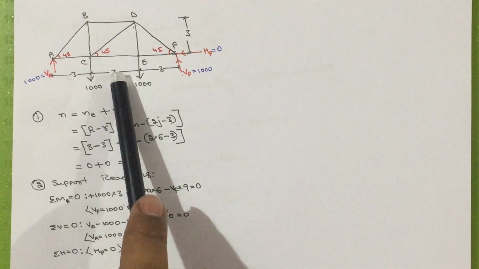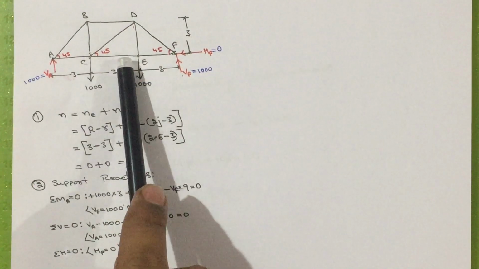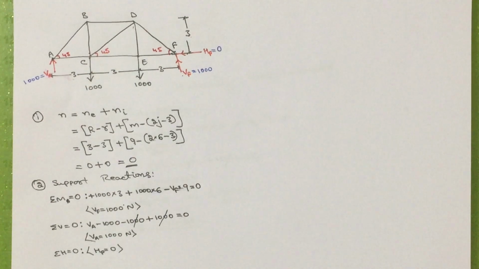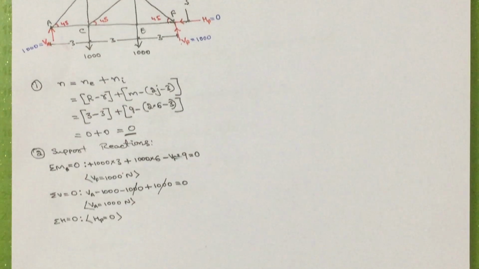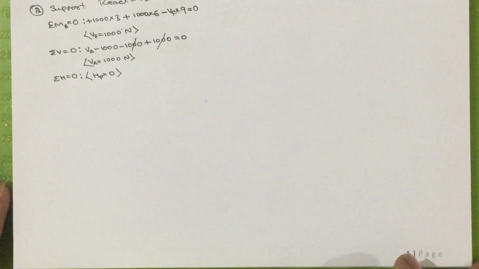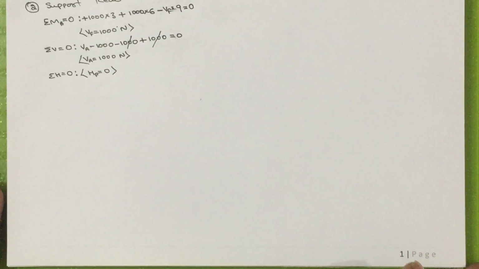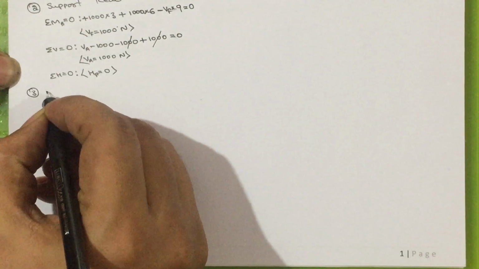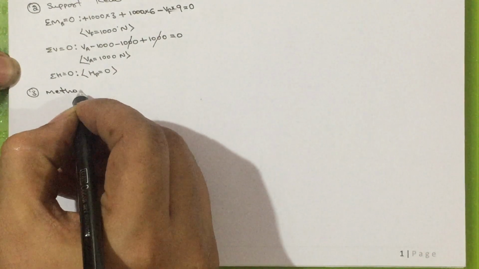It will be advisable to calculate the angle for the inclined members in case of the method of joints in the beginning itself, since we need to calculate member forces of all the members. Next, we will go with the third step, method of joints.